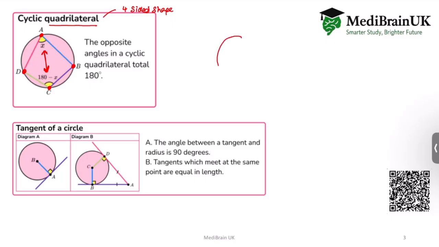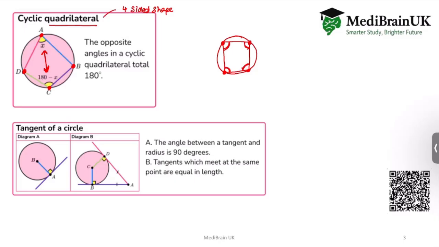If I drew you another shape, we've got a circle and a cyclic quadrilateral, because all the corners are touching the edges of the circle. Opposite corners must add up to 180 degrees. So this angle and this angle must add up to 180 degrees, and then this angle and this angle must add up to 180 degrees.